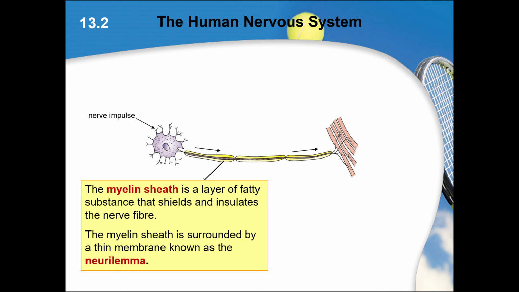The myelin sheath is essentially a layer of fatty substance that shields and insulates the nerve fiber, and it helps nervous transmission to take place faster. It helps nervous transmission occur quickly and almost immediately because of the insulation that the myelin sheath provides. Okay, so the myelin sheath is surrounded by a thin membrane known as the neurilemma. So the neurilemma is actually the outermost covering of the myelin sheath.